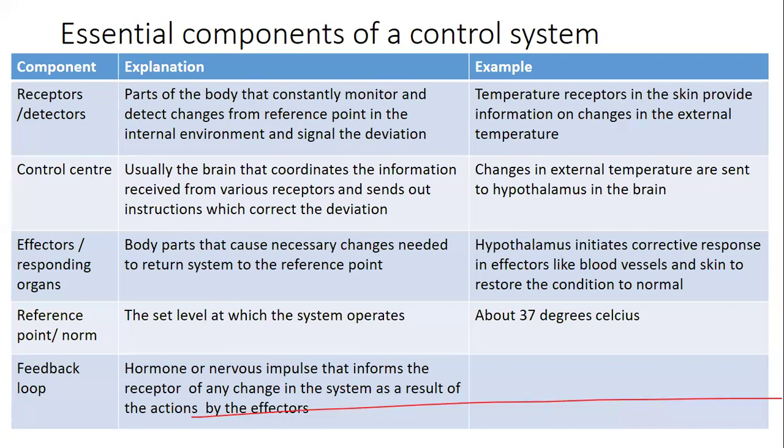Okay. And then we have what we call the control center. The control center has what we call a reference point or the set point. Okay. And then we have the effector. The effector is the organ that is going to seek to bring a correction to what has deviated.